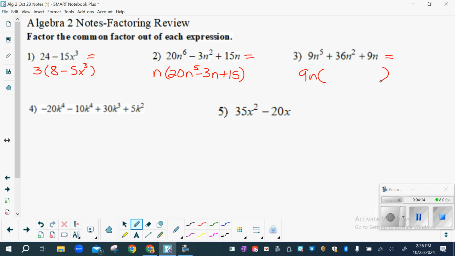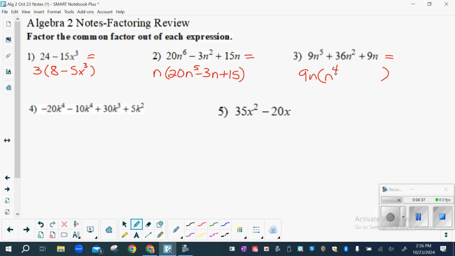I'm going to have you raise your hand. 9n times what gives you 9n to the 5th? How many n's would we have in here? Yeah, good. 1 plus 4 gives you the 5. And there's like a 1 in the front; 1 times 9 gives you the 9.